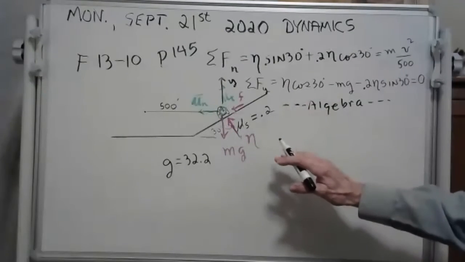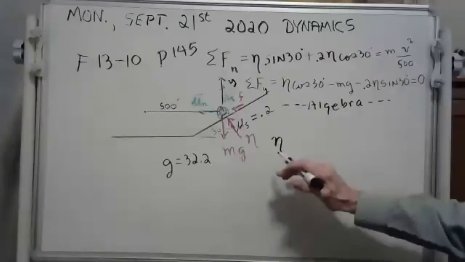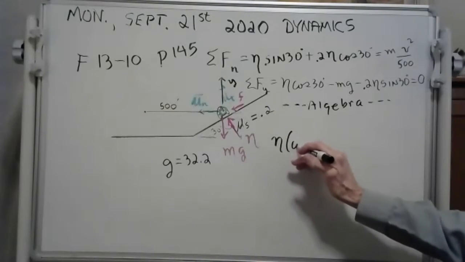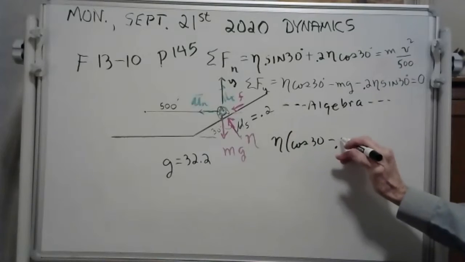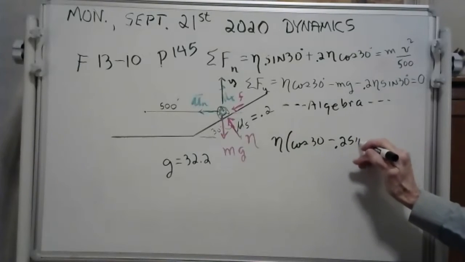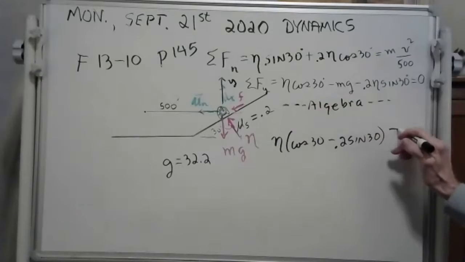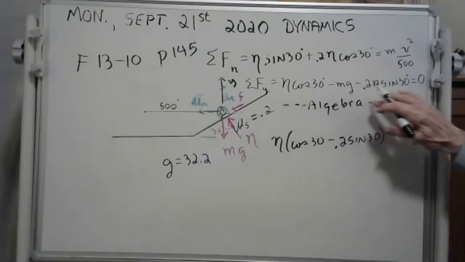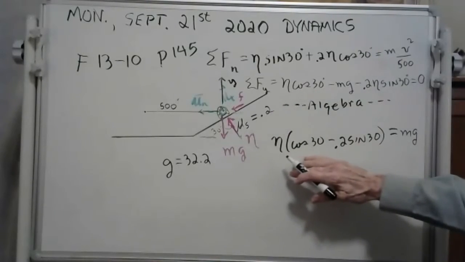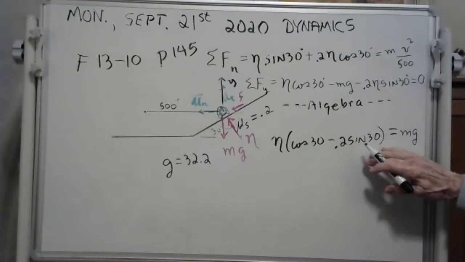Do this with me. Go normal times cosine of 30 minus 0.2 sine of 30 equals mg. I did a little algebra on this equation. Stare at it and see if I did that okay. I think I did it okay.